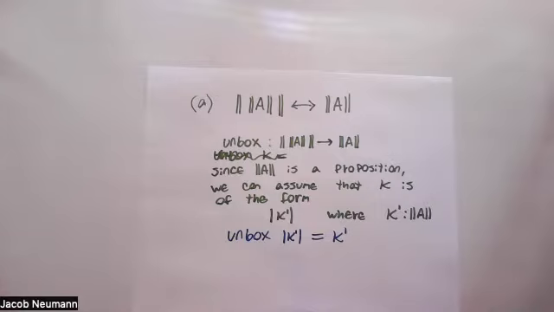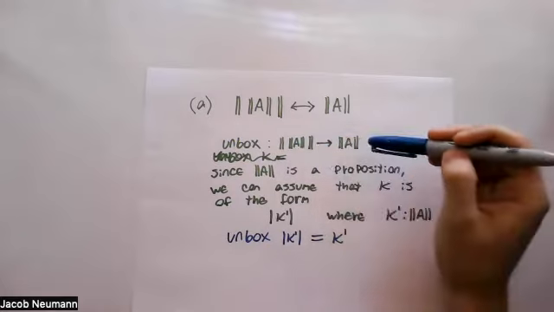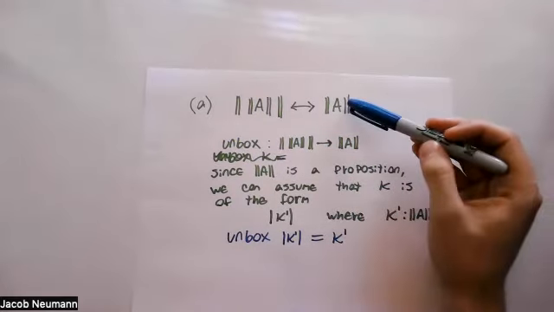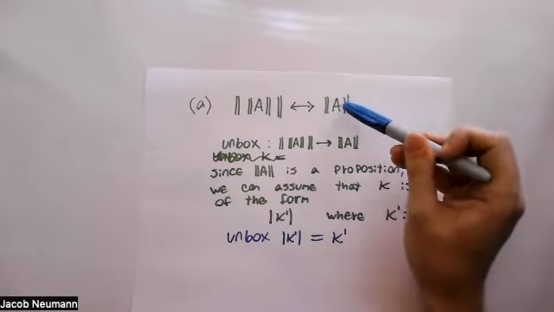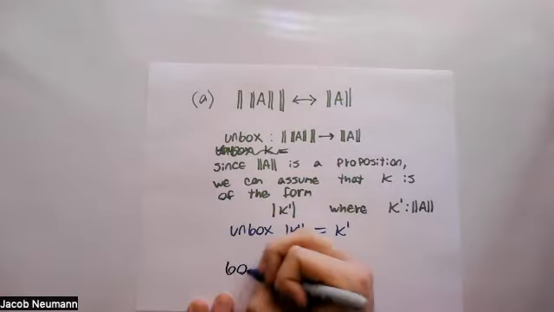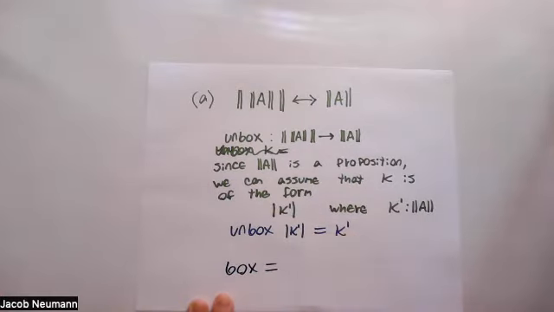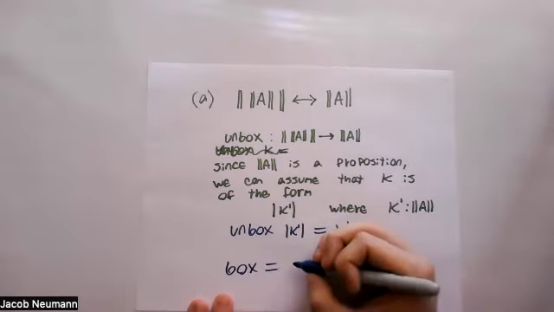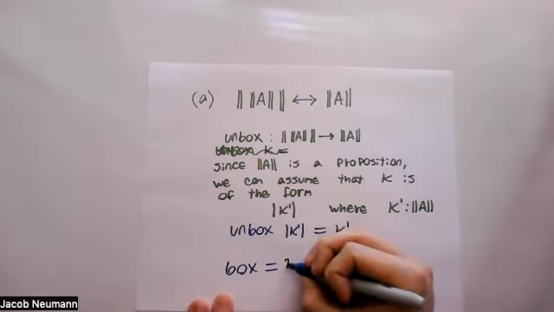Okay, so that's one direction, and the other direction is easier. This is going from the truncation into the double truncation, and that's easy. We can just put box, so to undo unbox is box, and that can just be eta.